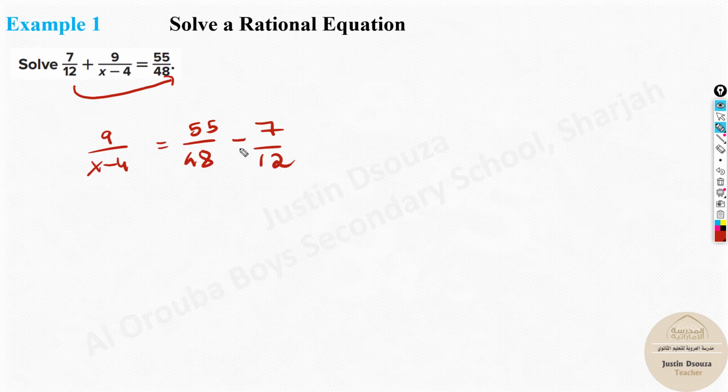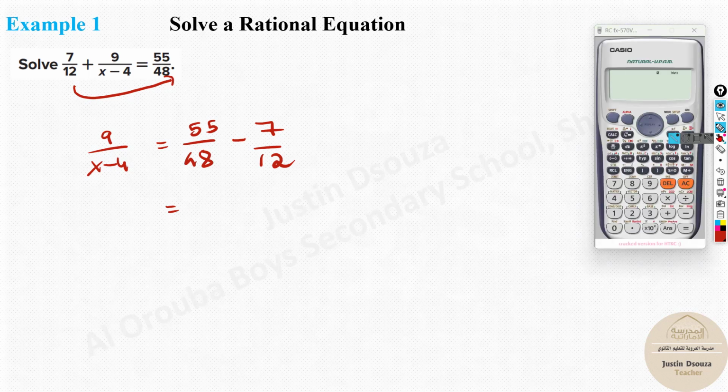Now you can solve this on a calculator or solve it by LCD. It's better to use a calculator, it'll save a lot of time. So I will just quickly use the calculator here. All you need to do is type it out: 55 by 48 minus 7 by 12. Or you can just take the LCD over here and solve it, it's up to you. The answer is 9 by 16.